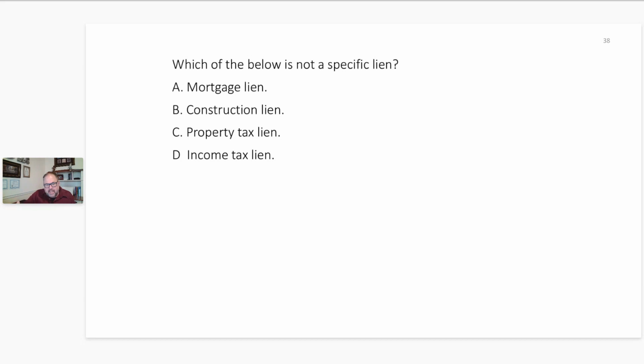Income tax lien, somebody forgot to pay their income tax. That's a general lien. That's not specific because they're not after the property, they're after the person. So it's going to attach to all the properties. It's general to all the properties. A, B, and C are specific to one property. So we're looking at answer D, delta.